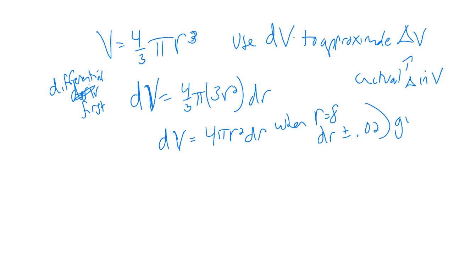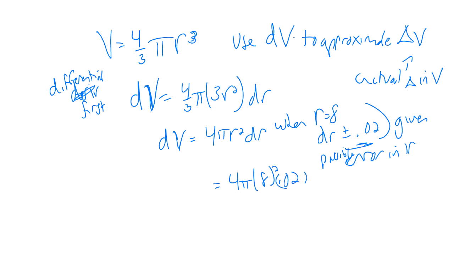This is our possible error in r, and we're using that to ask what that makes our possible error in volume be. So I'm going to get 4 pi times 8 squared times 0.02. We just use the positive version of that, and we end up with 16.08.